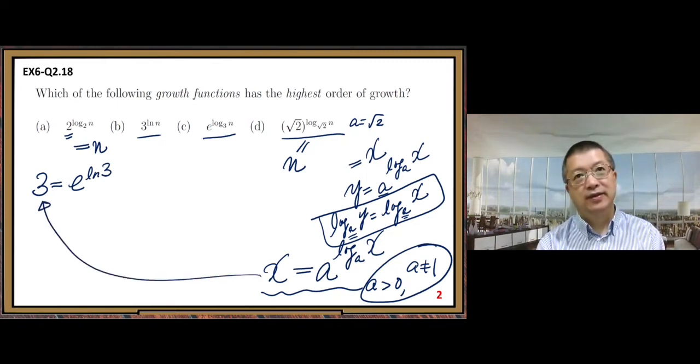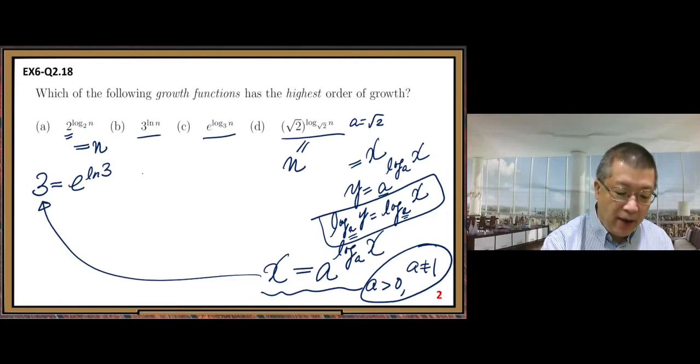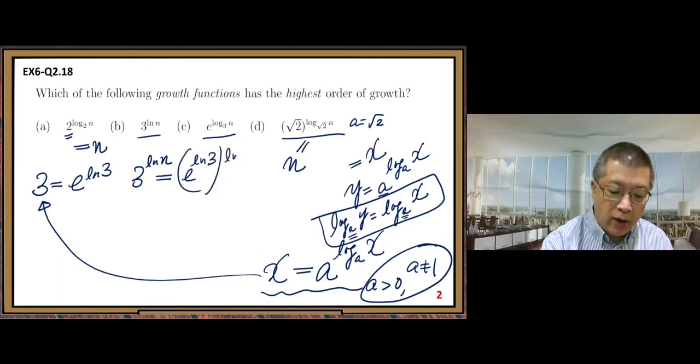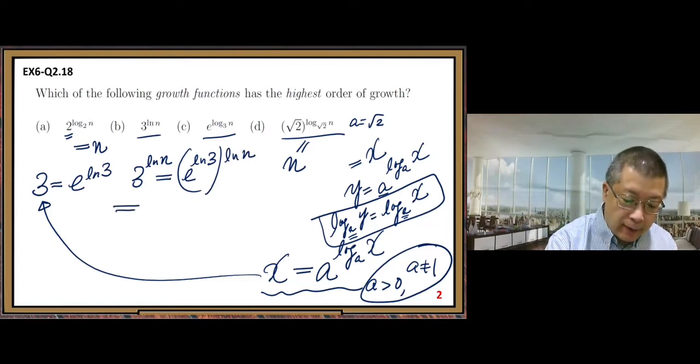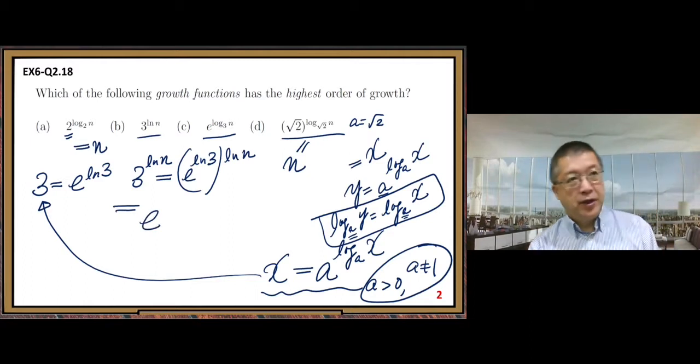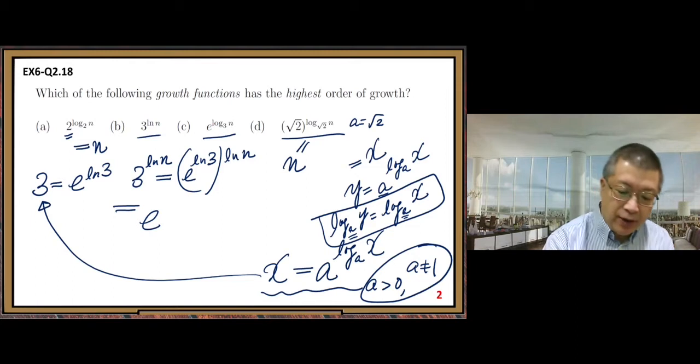Then 3 to the natural log of n equals e to the natural log of 3 times natural log of n. Then use some property of the exponential function.